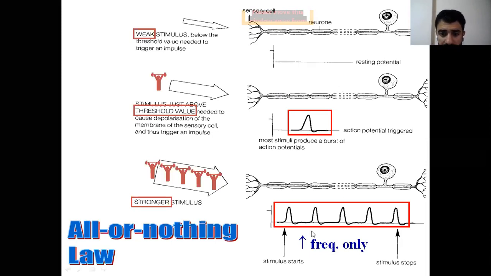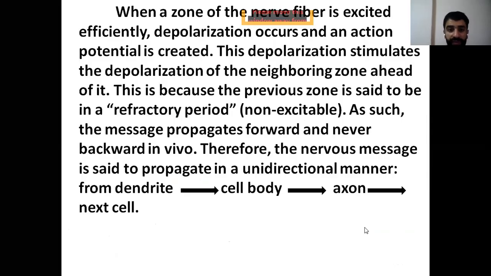If you see here, these two, threshold and above the threshold, the stronger stimulus, both of them have an action potential. Mostly they have the same amplitude, meaning they're the same height. Okay, this is the meaning of amplitude, the same height. But here, it differs only in the frequency. Here, the response repeats itself only once. Here, the action potential repeats itself about 4 to 5 times. So it's related to the frequency.